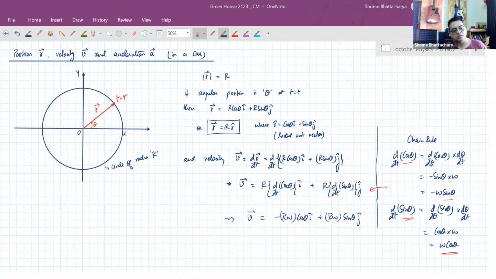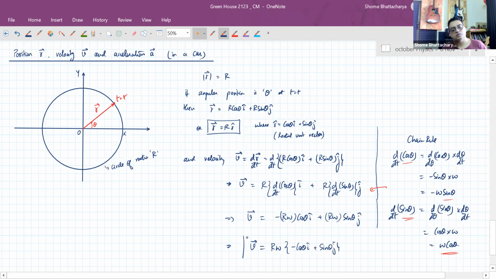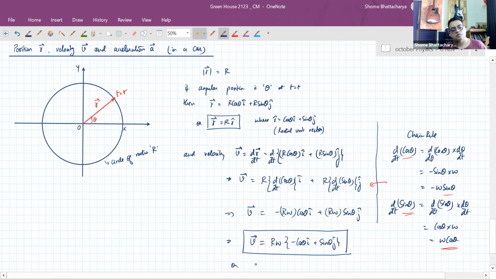Further we can see that if we take R omega common, we are left with this. Now, if you compare this with the above, you can see that what we have in the bracket there is the tangential unit vector, theta cap. This is minus sin theta and cos theta, my mistake.